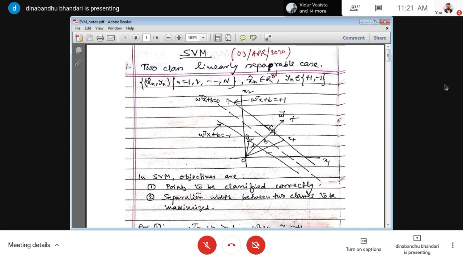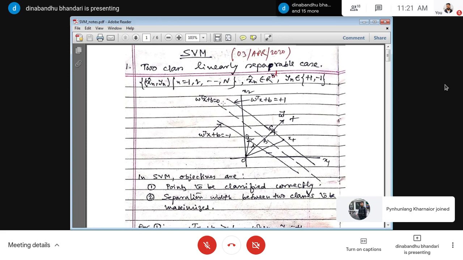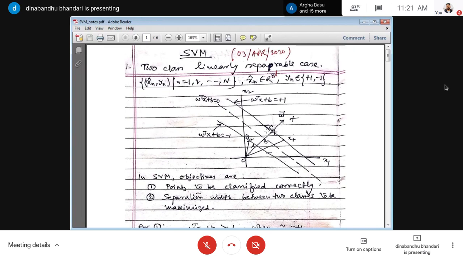Now you see, this is the boundary of the plus class, this is the boundary of the negative class, and our objective is to find this one, which I have written as W transpose X plus B equal to 0, by adjusting W such that the boundary of the plus class becomes W transpose X plus B equal to +1, and this becomes W transpose X plus B equal to -1.